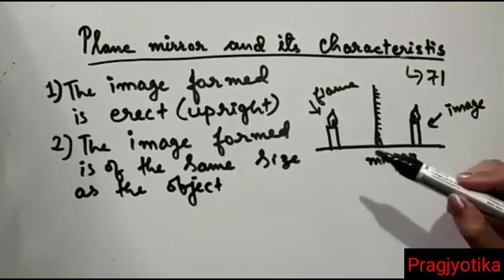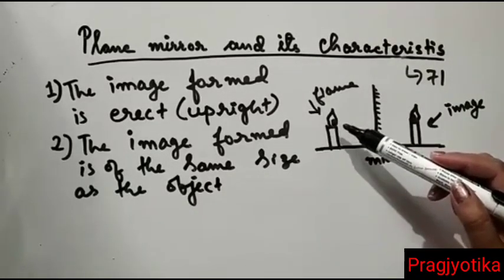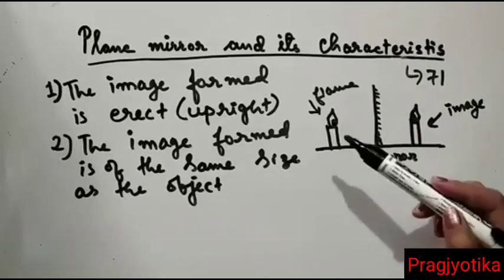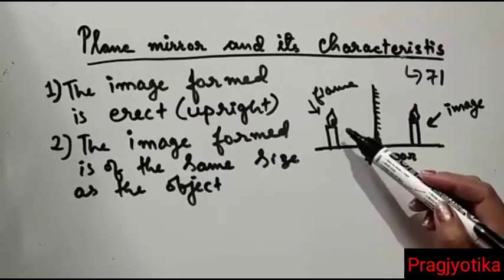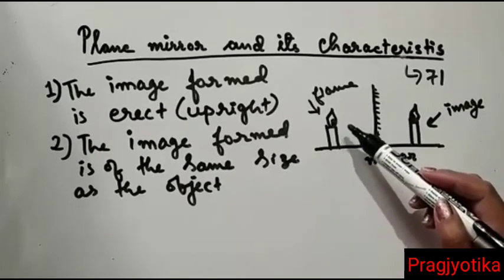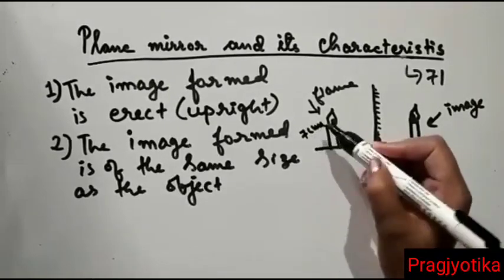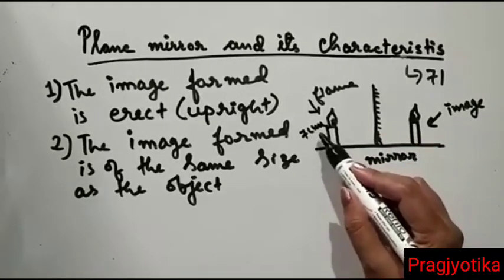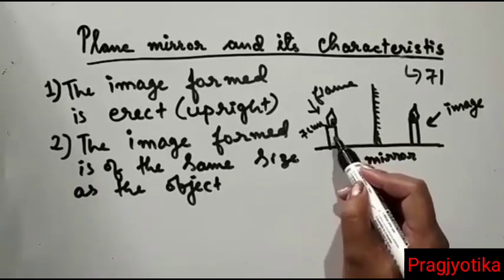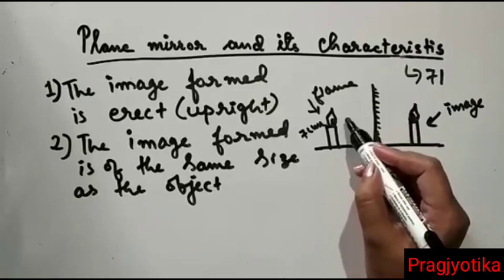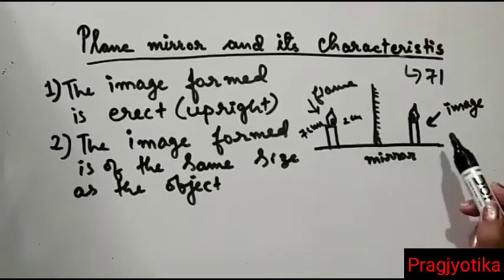It means if the height of the candle is suppose 7 centimeter and its breadth is suppose 2 centimeter, then the image of this candle will be the same.